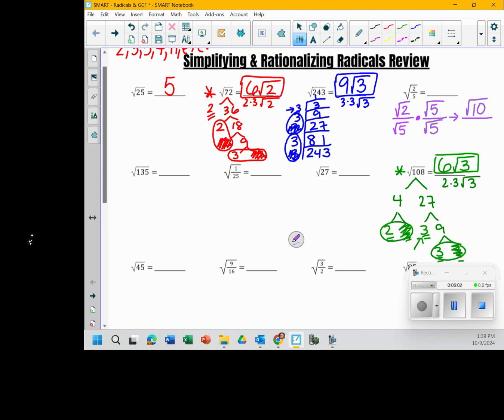On the bottom, the square root of 5 times the square root of 5 is the square root of 25. Square root of 25 is just the number 5. The 10 has a root, the 5 does not, so I cannot compare them. So root 2/5 is the same thing as root 10 over 5.